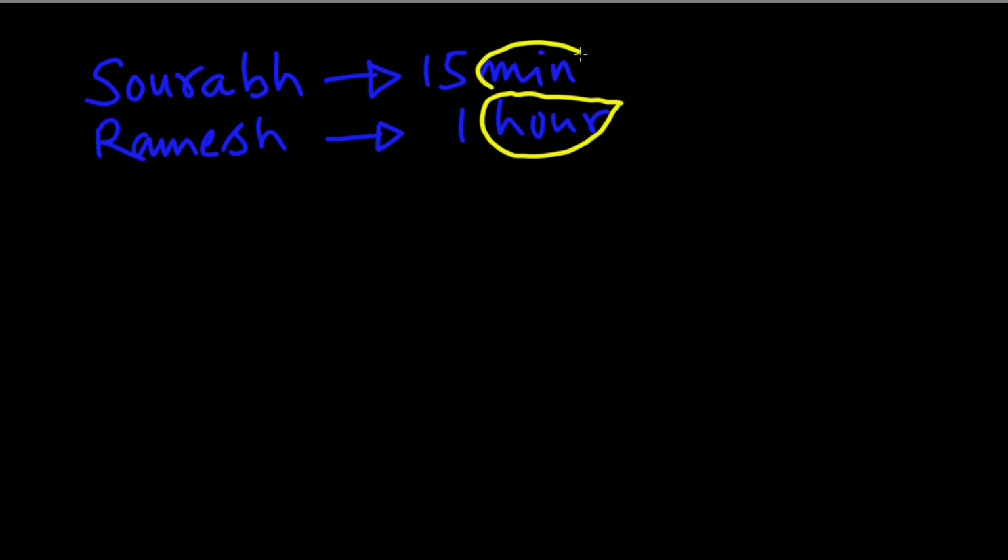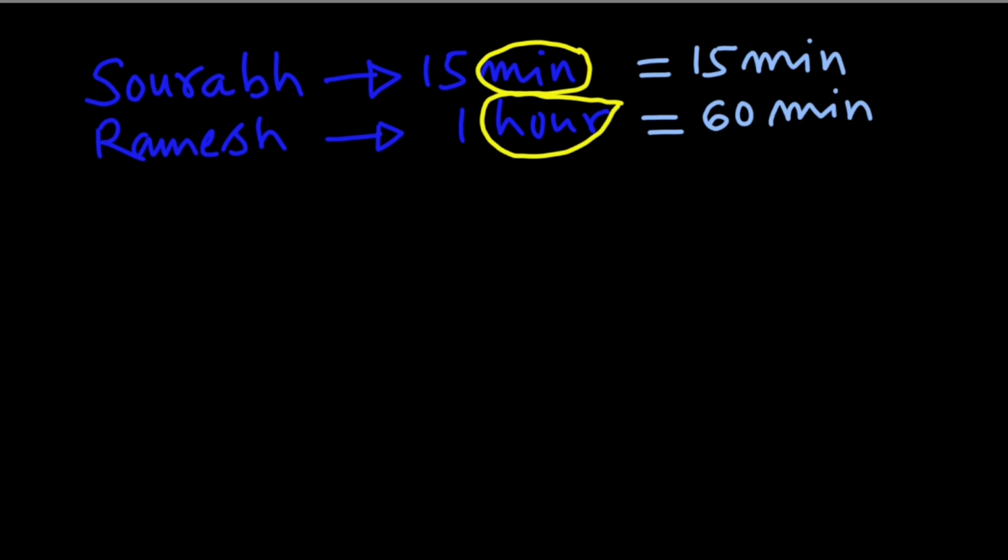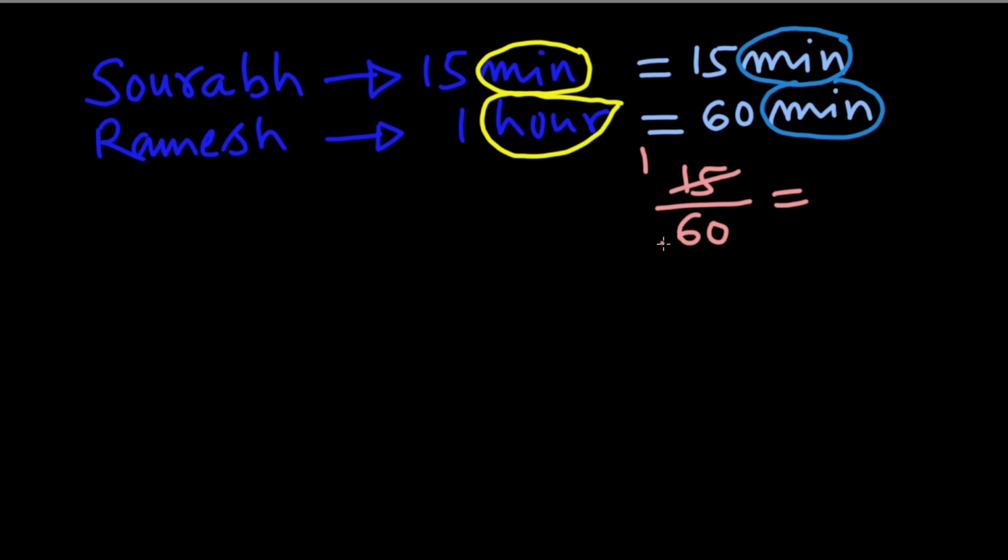So here for Saurabh the time is in minutes and for Ramesh the time is in hours. So first we have to make the time in the same unit. So we write this 1 hour as 60 minutes. Now since the units are the same, we can take their ratio. The required ratio will be 15 by 60. That will be 15 ones are 15, 15 fours are 60, that is 1 by 4.